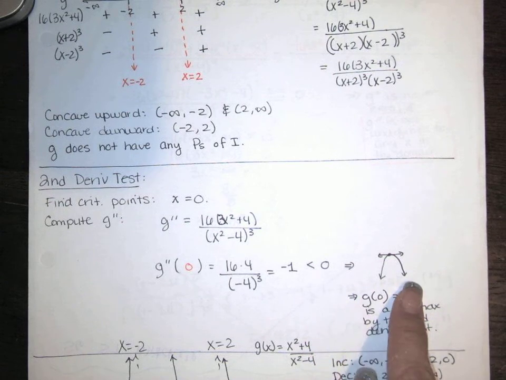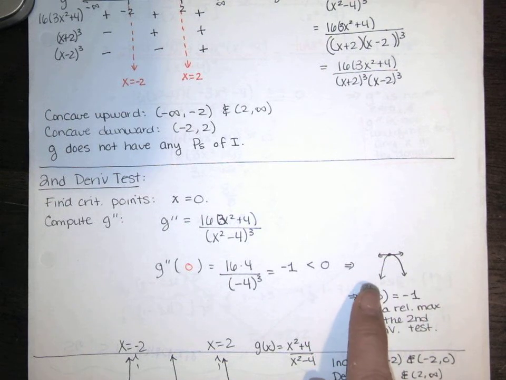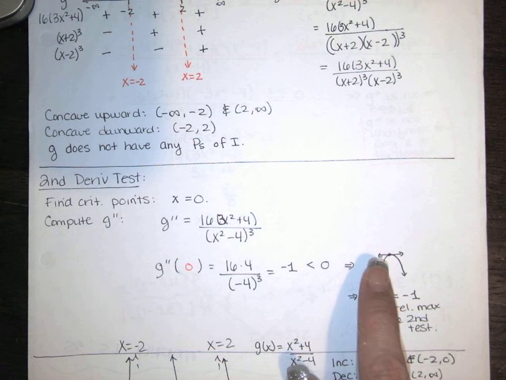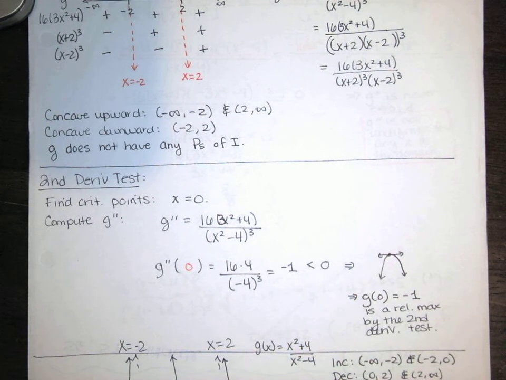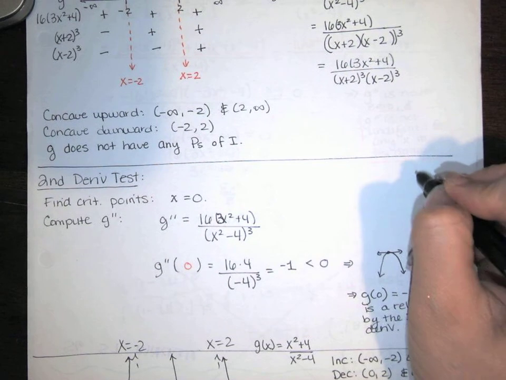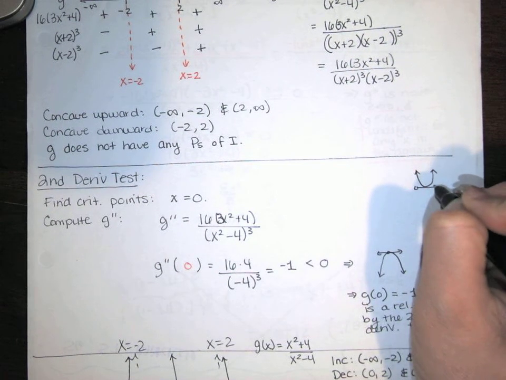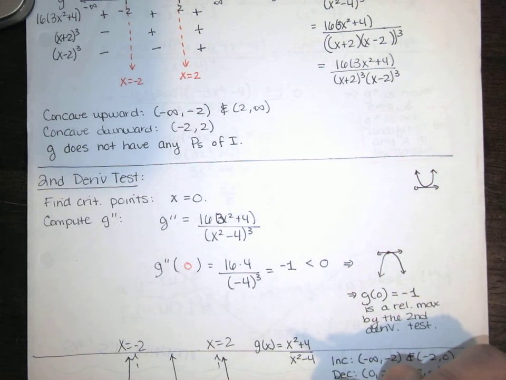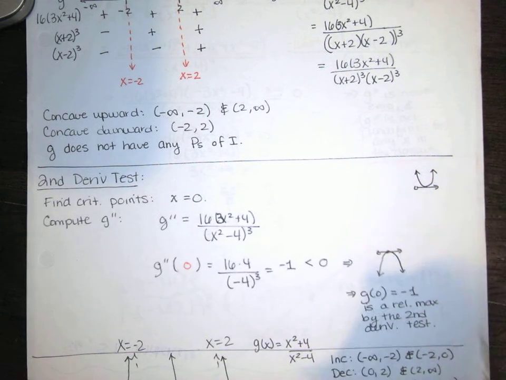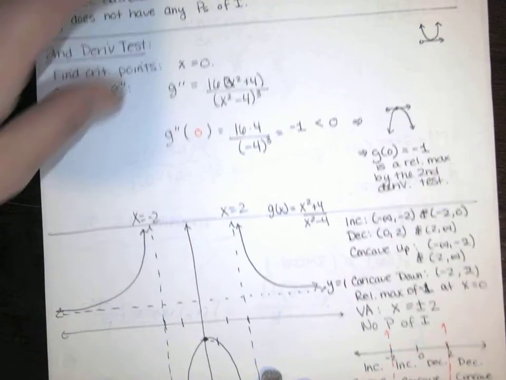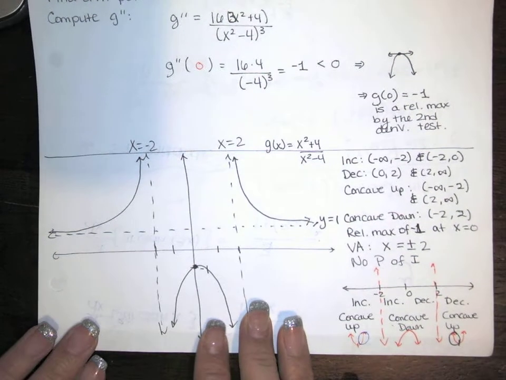If the second derivative is negative but the first derivative is 0, the graph is concave down and you're at a point where the slope is 0. So you have to be at the top, so that's a relative max. If the second derivative happened to be positive, then the first derivative would be 0. Second derivative positive means it's concave up, and we'd have to be at the bottom, so that would be a relative min. Okay, then we put all of those pieces together to sketch a graph.